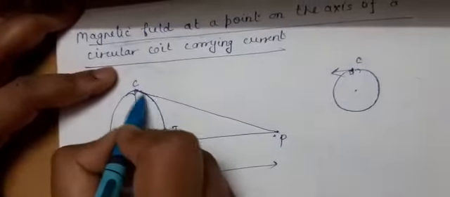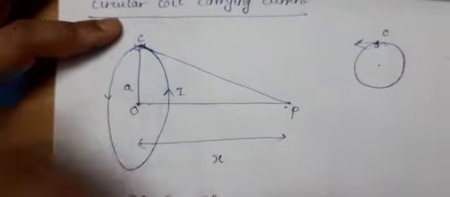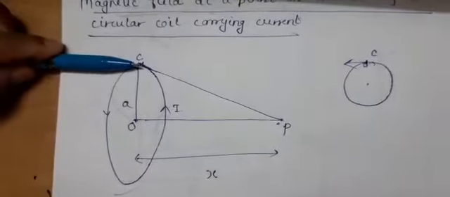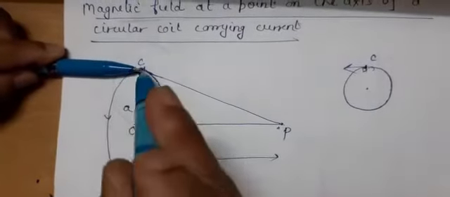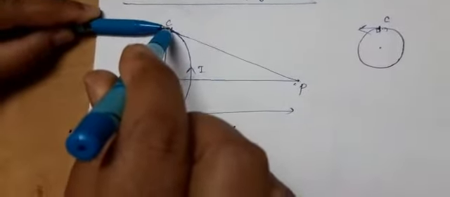So if I join C to P, this CP will be perpendicular to the small element along this length. Why? Because the element is along this direction and CP is like this; you can see these two are perpendicular.